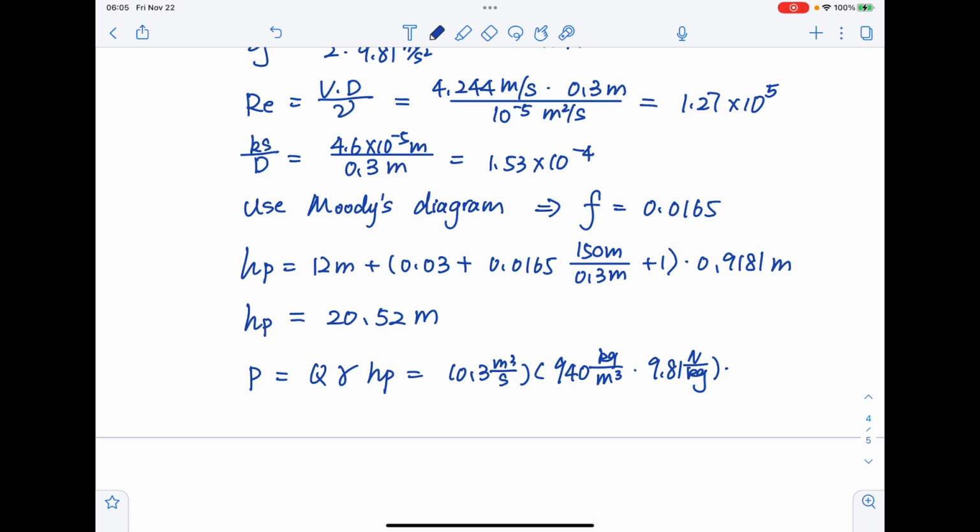And times the pump head. So the power should equal, in watts, so it's 56.77 kilowatt.